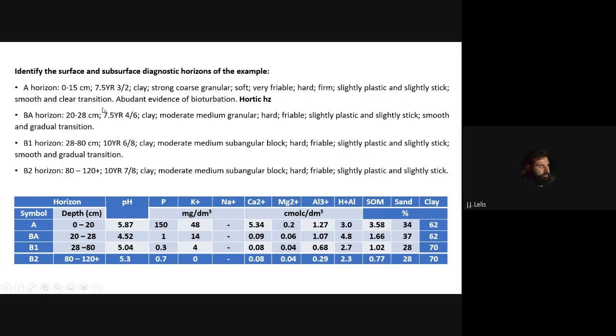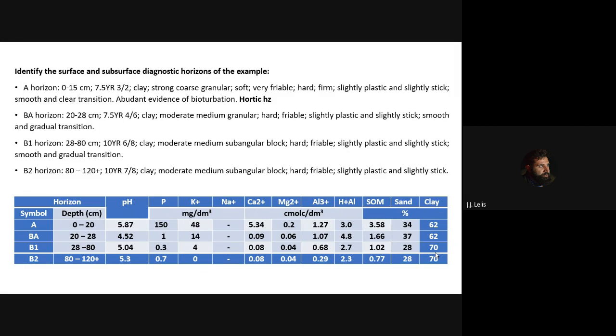We don't have any description of shiny surfaces in the B1 and B2 horizons, or even in the BA horizon, this transitional horizon. So we don't have shiny surfaces, and probably we don't have an argillic horizon, but we can also calculate the clay increase. In this case, the clay increase is not high enough to identify an argillic horizon. So the subsurface horizon is not an argillic horizon.